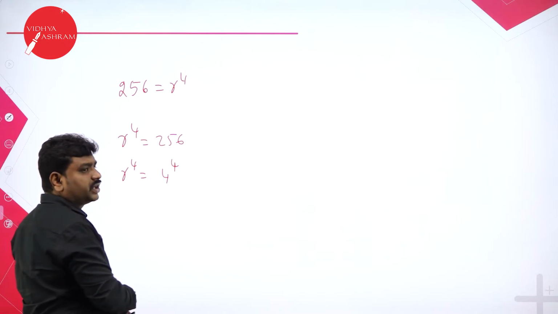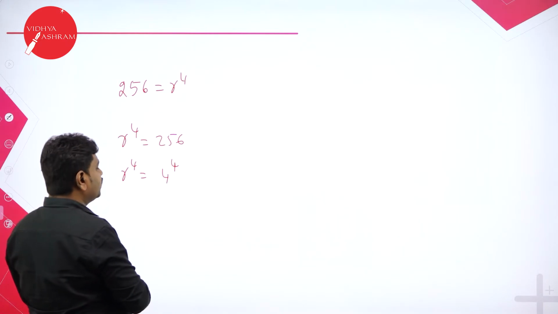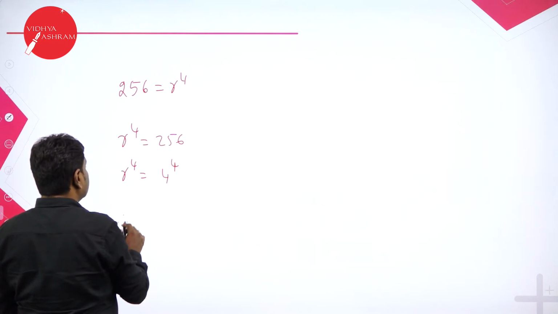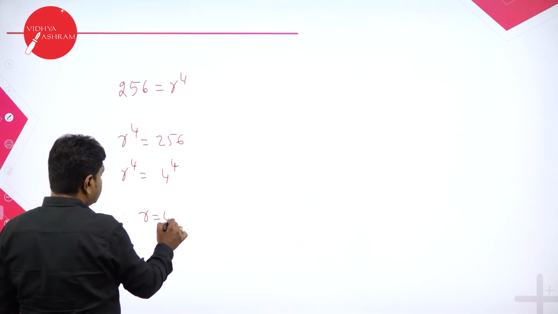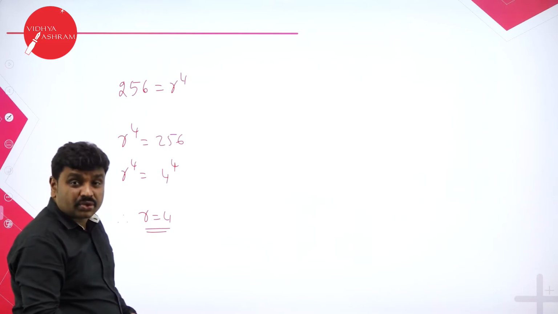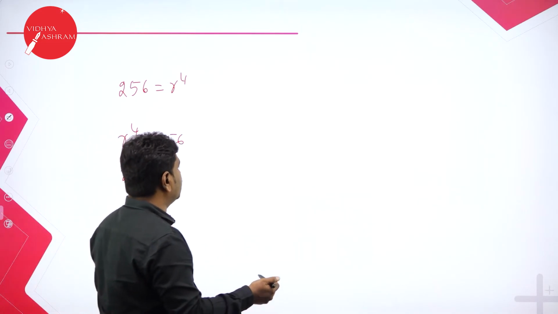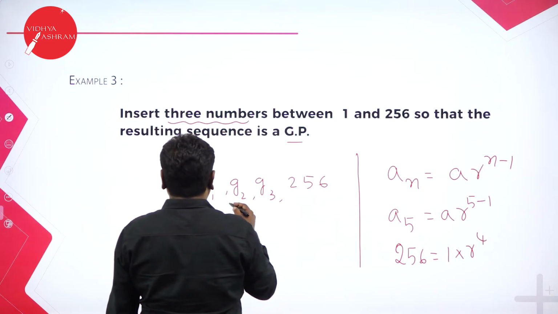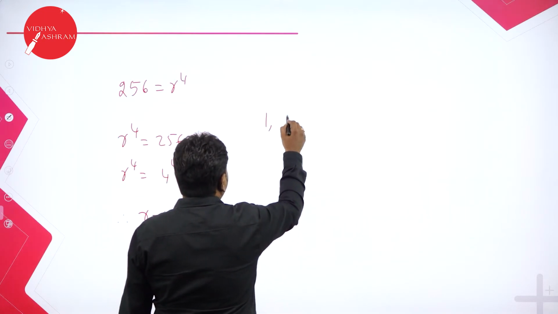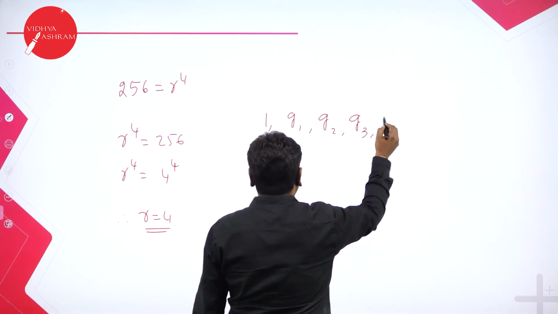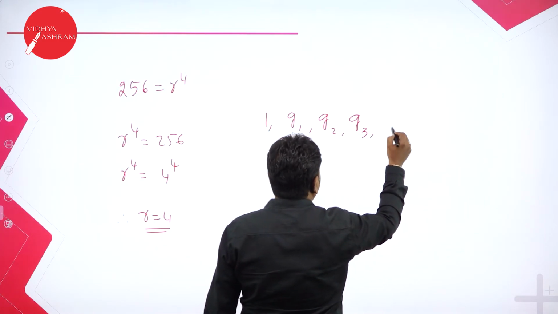So now once you get 4 power 4, the powers are the same, so equate the bases. R is 4, the common ratio you got. Once you get the common ratio, keep multiplying by the common ratio, and you will get the terms in between. So we took 1, G1, G2, G3, and the fifth term they gave. The fifth term is what? 256.